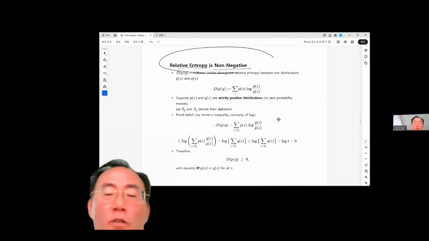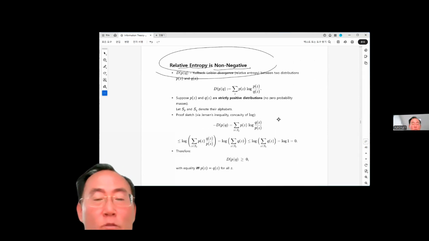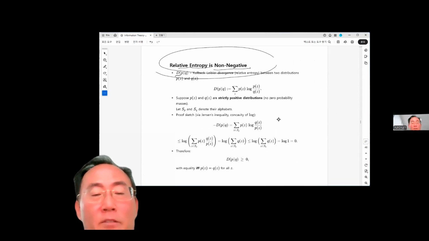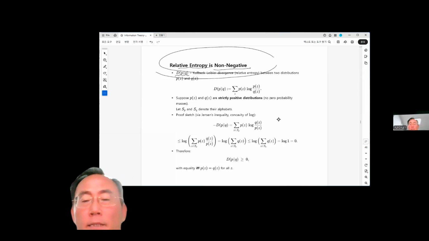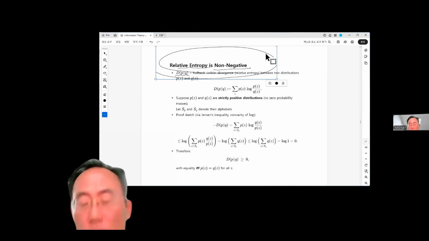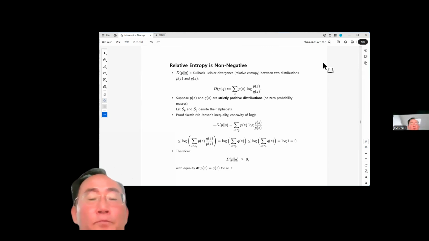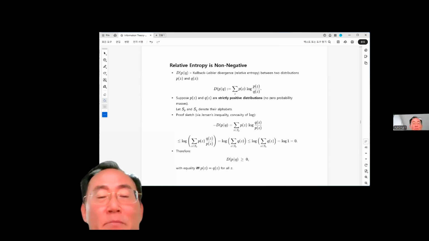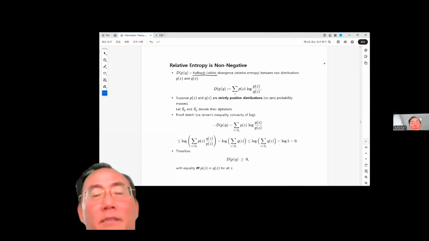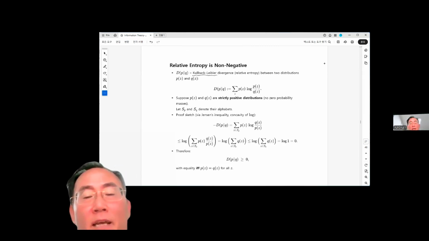So we want to see why this is true. Relative entropy is a measure between two distributions, P and Q. Its name is sometimes Kullback-Leibler divergence.